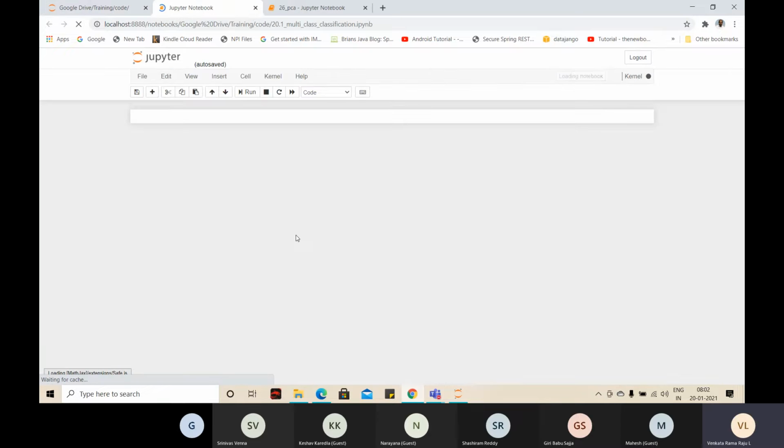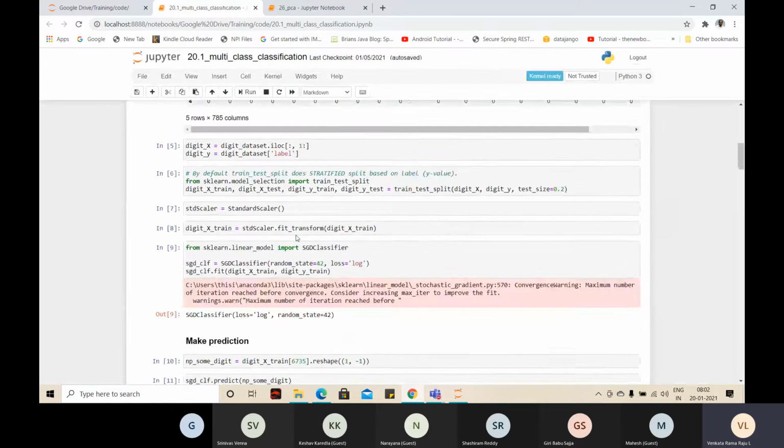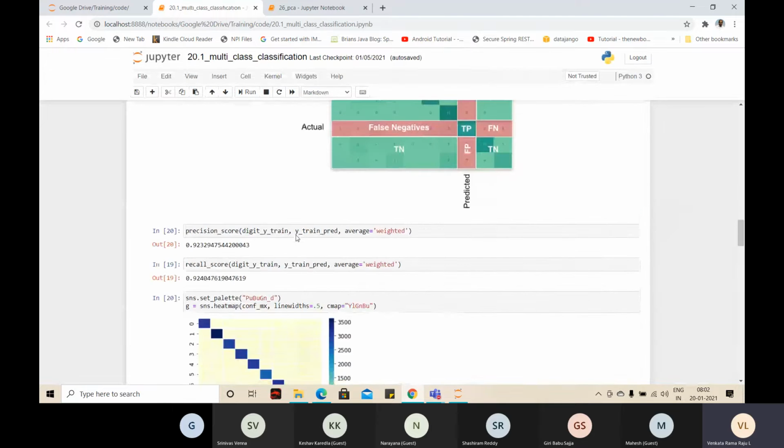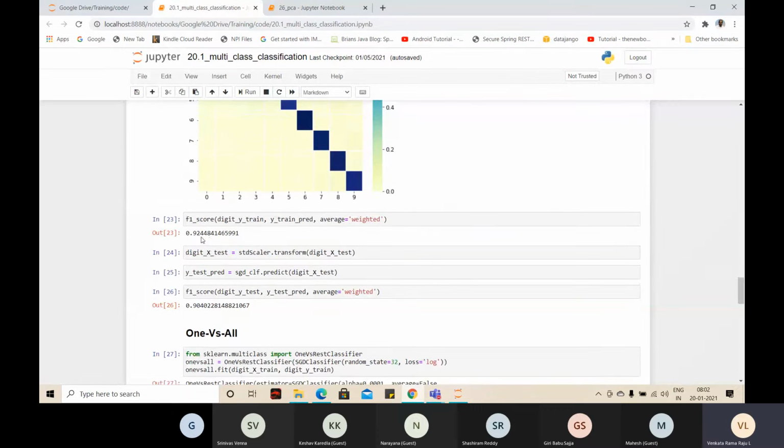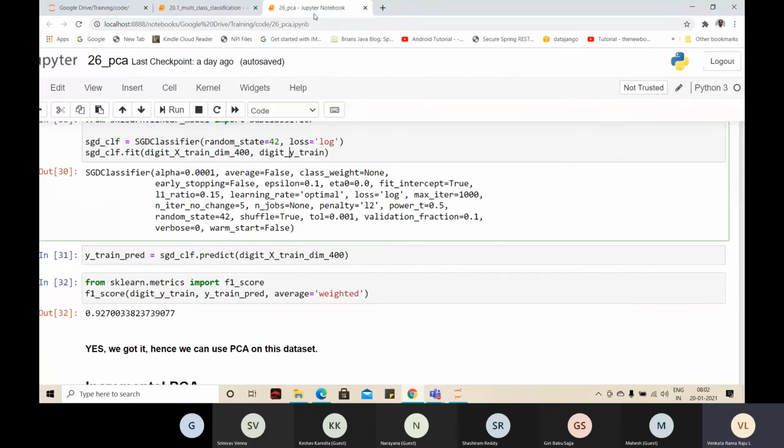See, on original data, when we built a model, the F1 score is 92. On PCA applied data it is also 92.